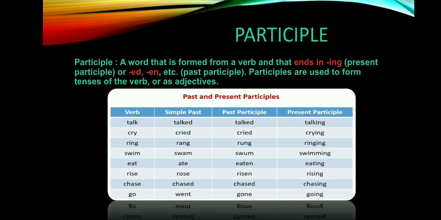You can see in the picture verb and various forms of verb: simple past, past participle and present participle. For example, the first word is talk. The simple past of talk is talked, as you use in past indefinite.